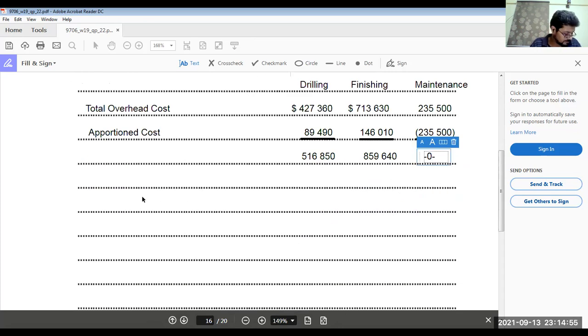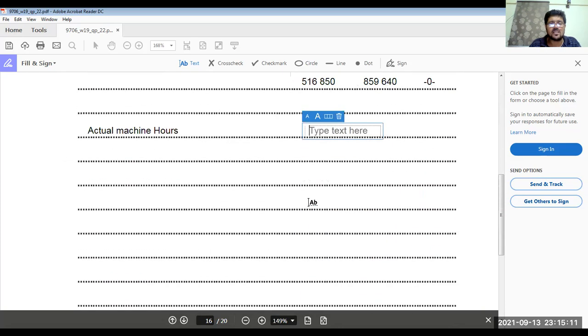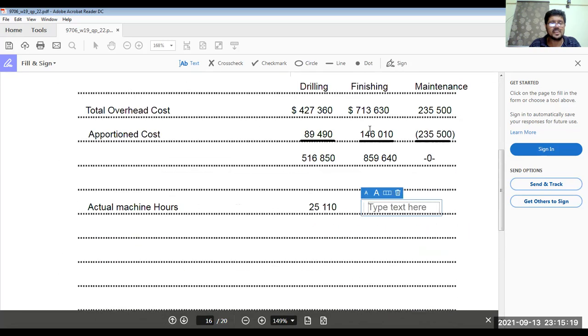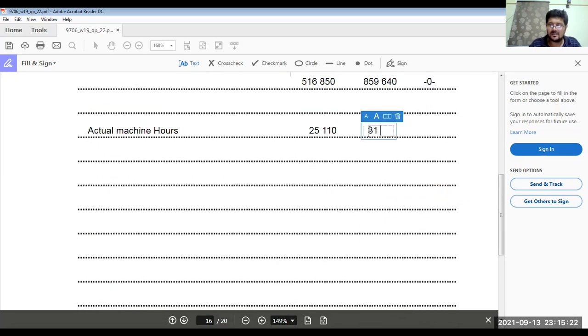Now actual machine hours for drilling is 25,110 and finishing 31,976. Done. Okay. Now budgeted machine hours.